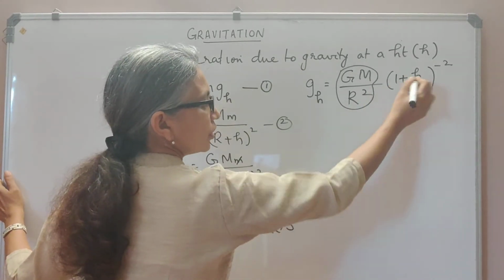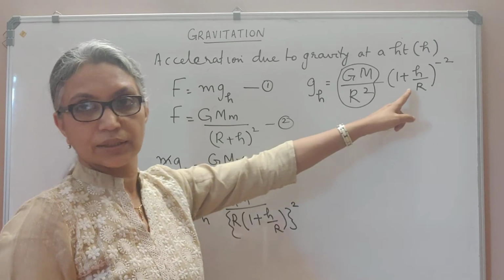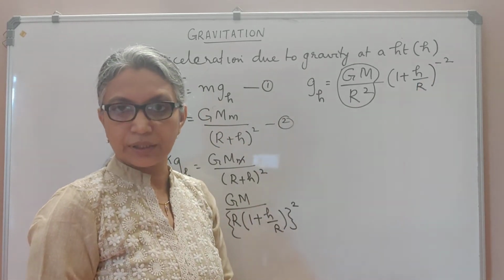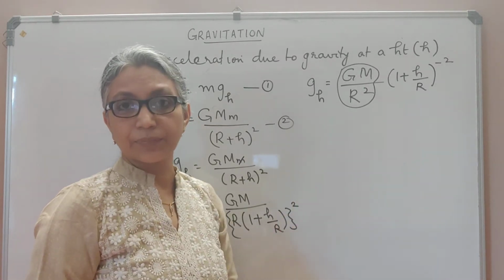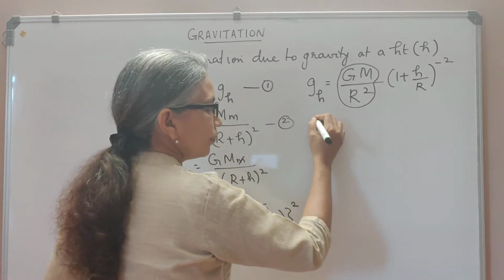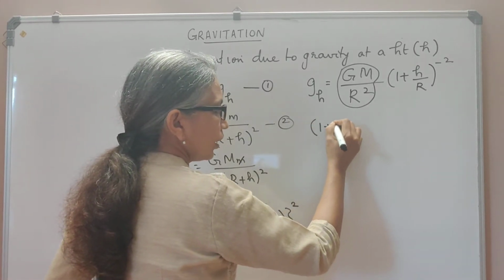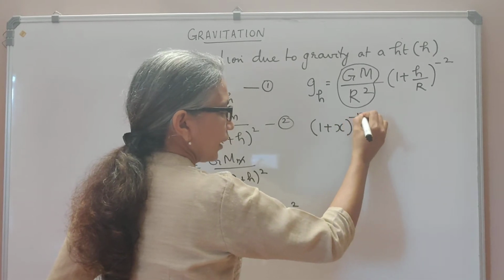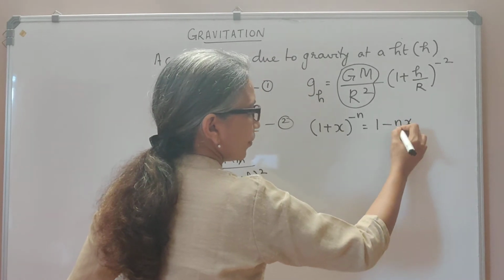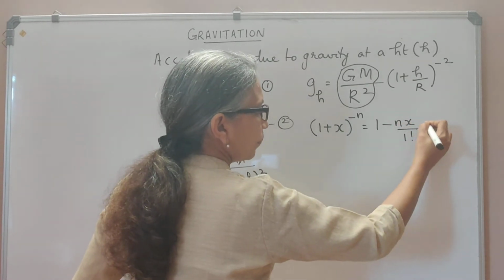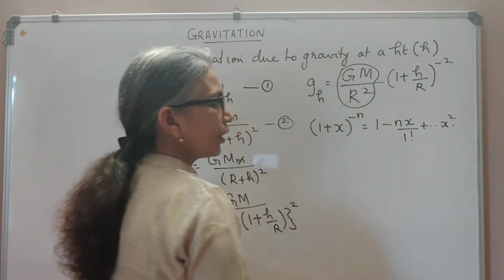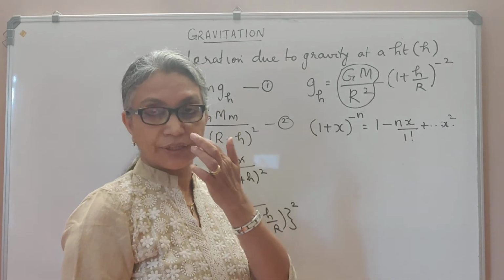Now, I can use the binomial theorem to expand this. Those of you who have not done math, binomial theorem may not be familiar to you, but in physics it's very simple because we neglect the higher powers of x. Let me tell you how. 1 plus x raised to minus n is 1 minus nx by 1 factorial plus other terms, the very next term being a square of x, and then the next term being cube of x, and so on.